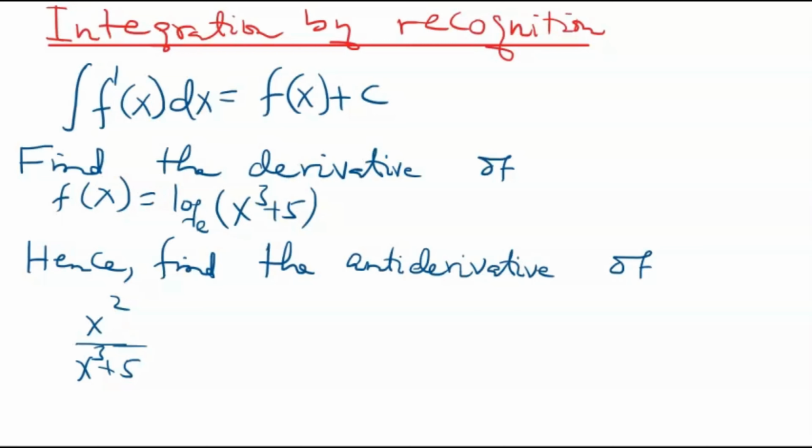Let's have a look at this example, where f of x equals the natural log of x cubed plus 5. The first thing we need to do is differentiate this function, then use that concept to find the antiderivative of the next expression.